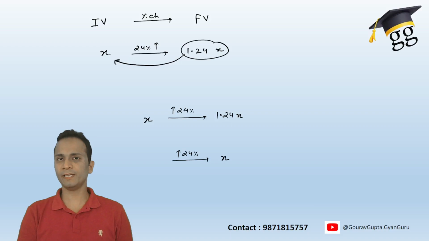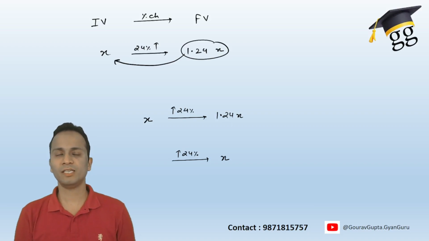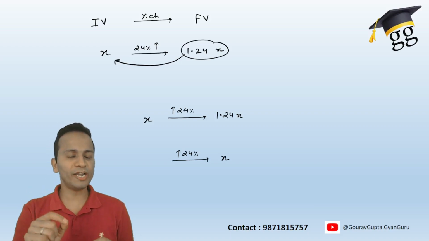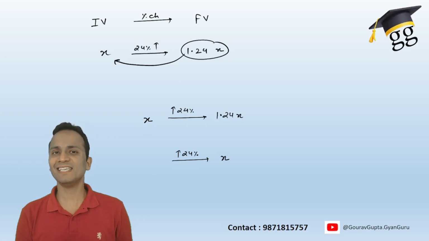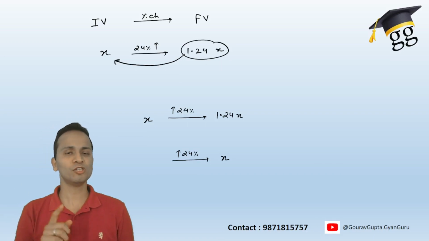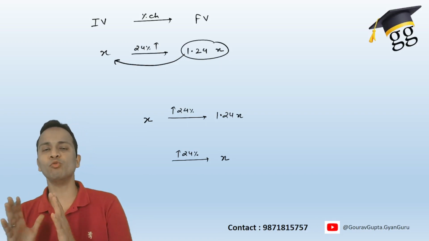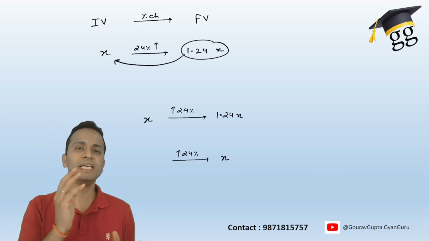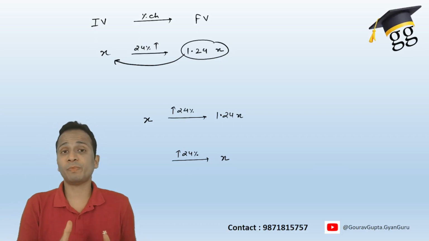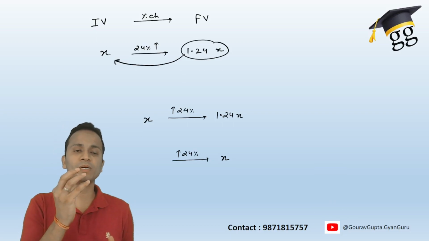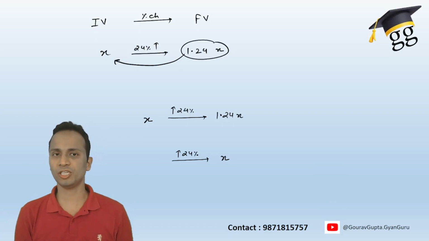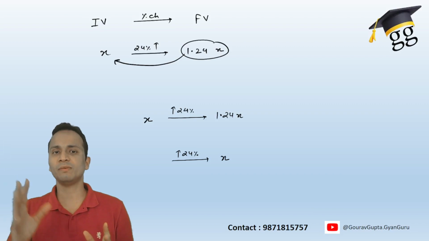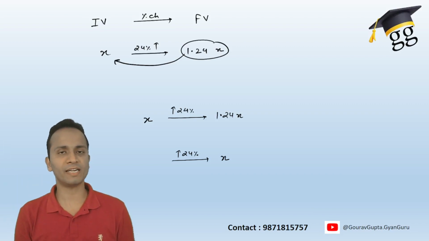So first thing, what will be the factor? What will the factor be? There is a 24% increase, so the factor will be greater than 1. So what will the factor be? 1.24. The factor will be calculated the same way irrespective of the increase, irrespective of whether we have to go from initial to final or final to initial. If it is an increase, the factor will be greater than 1, so a factor of 1.24 comes.